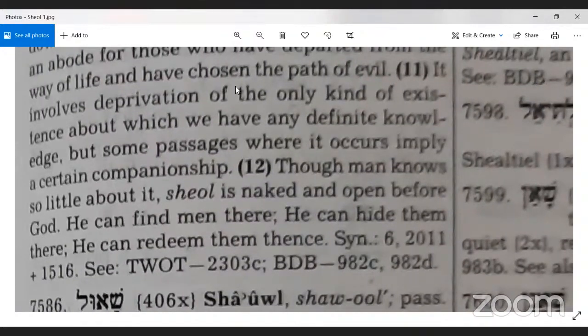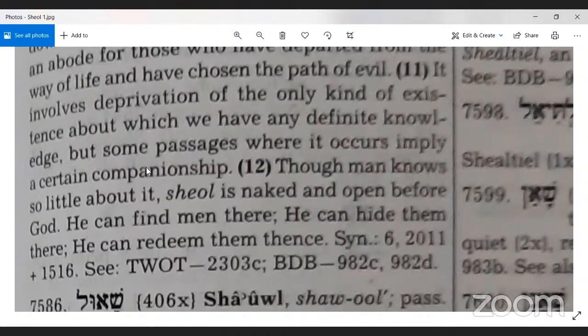Okay, 11. We're reading out of Strong's, correct? Correct. 11. It involves deprivation of the only kind of existence about which we have any definite knowledge, but some passages where it occurs imply a certain companionship.